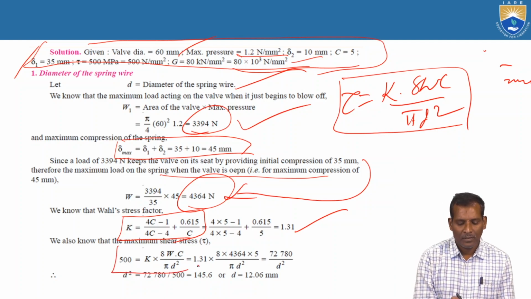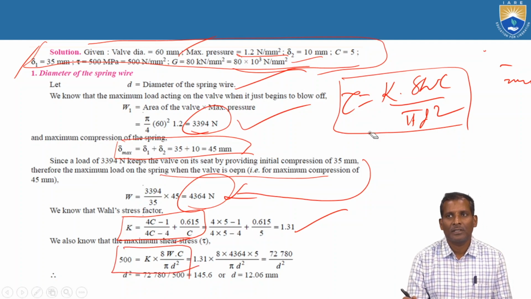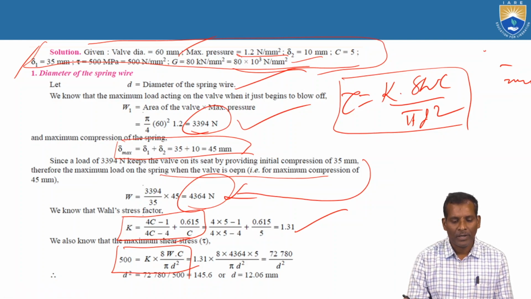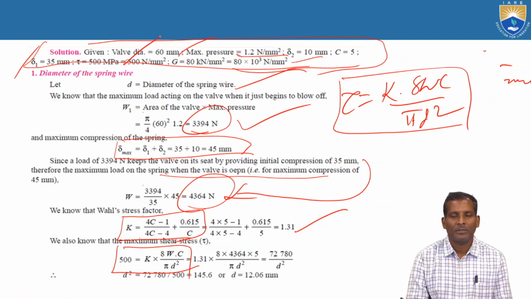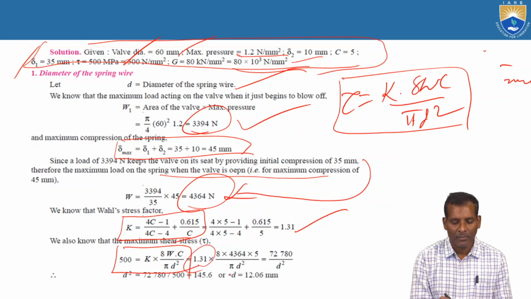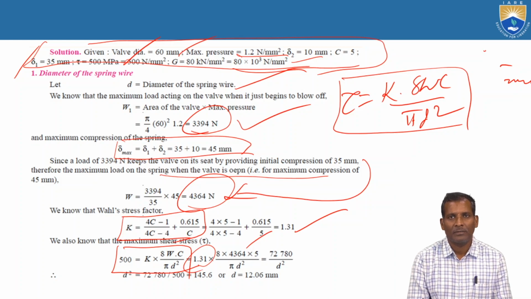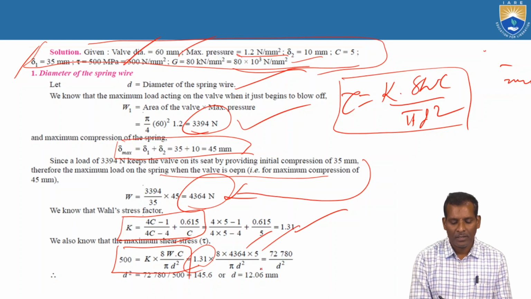The shear stress in our problem is given as 500 megapascal, that is 500 newton per mm square. So substitute that shear stress value in this relation, and here we already calculated the K value, and W is the maximum load at maximum deflection 45 mm, 4364, and C is 5, and pi d square.